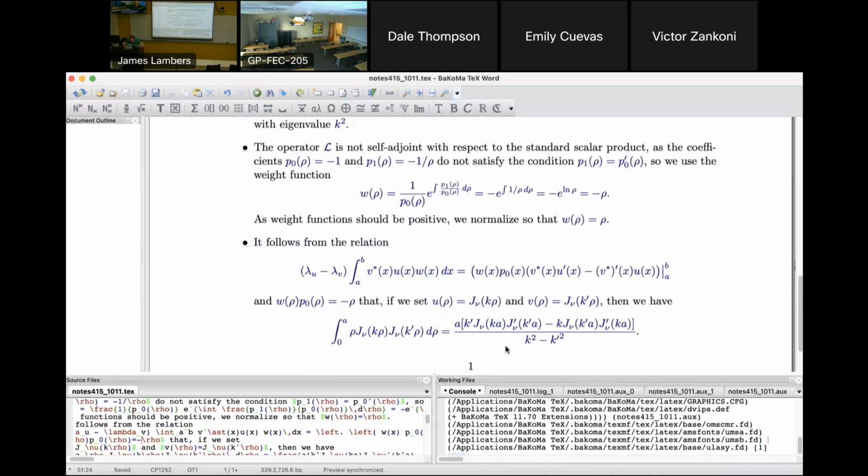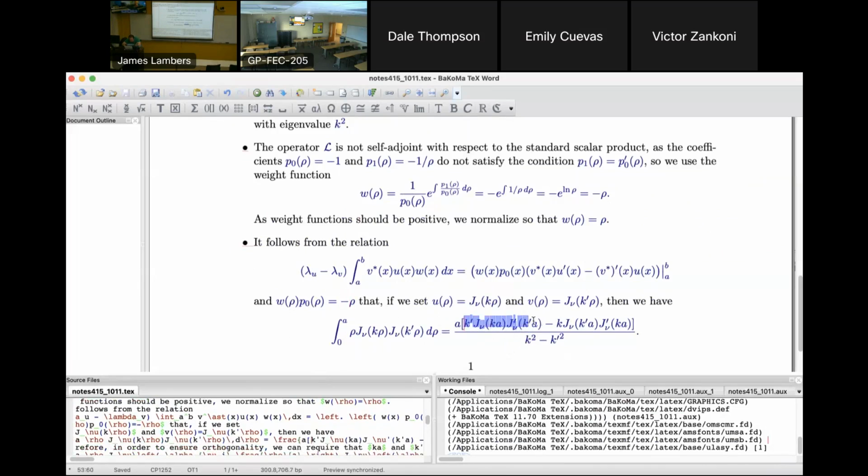So what we have here is how this works out. Here we have U V prime, because we're taking the derivative of this with respect to rho, and by chain rule, we get a factor of k prime introduced.